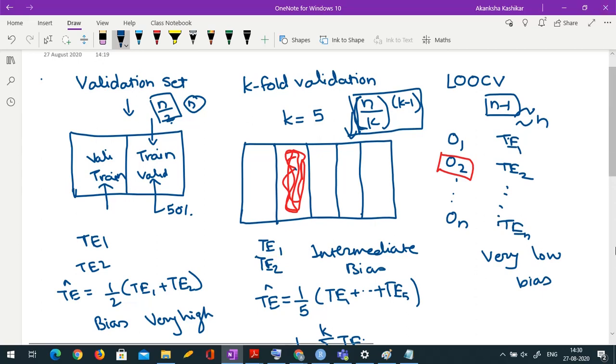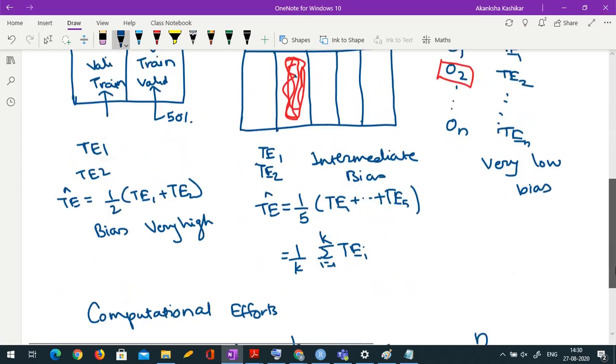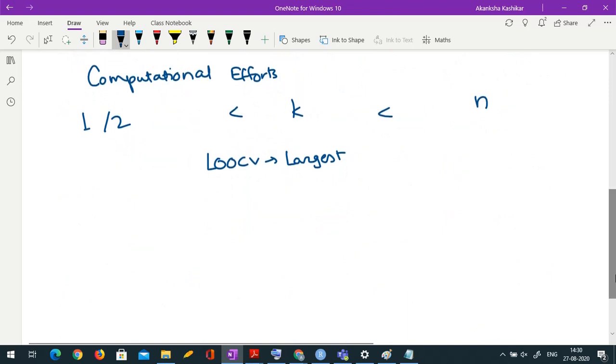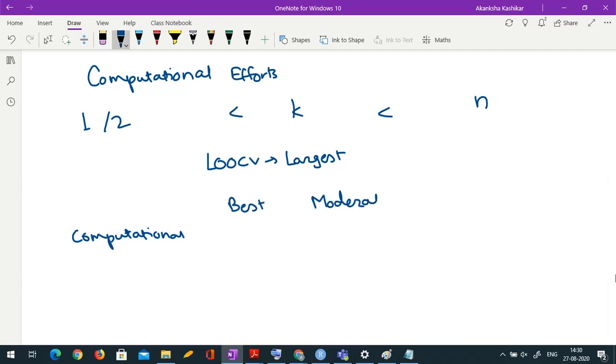So if I now want to order in terms of computational effort, we will have 3 categories: best, moderate and worst. In terms of computational effort, best one was the validation set approach, moderate is k-fold and worst is LOCV.